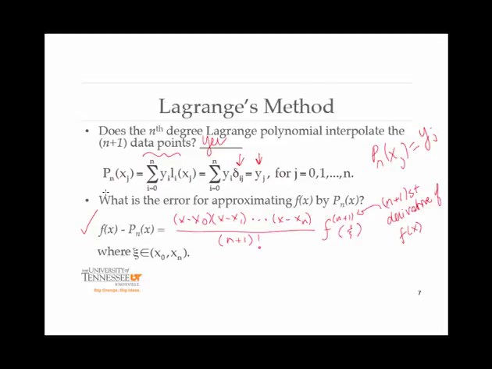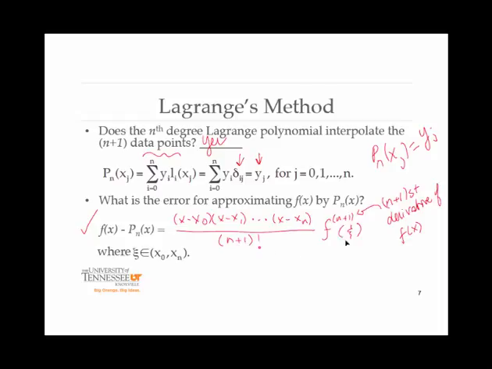It's a function of this form: x minus x0, x minus x1, all the x coordinates appear in that product. So the error itself is a function, and this is the description of it. It will be of degree n+1, matching Pn of x, and the denominator term will be n+1 factorial.